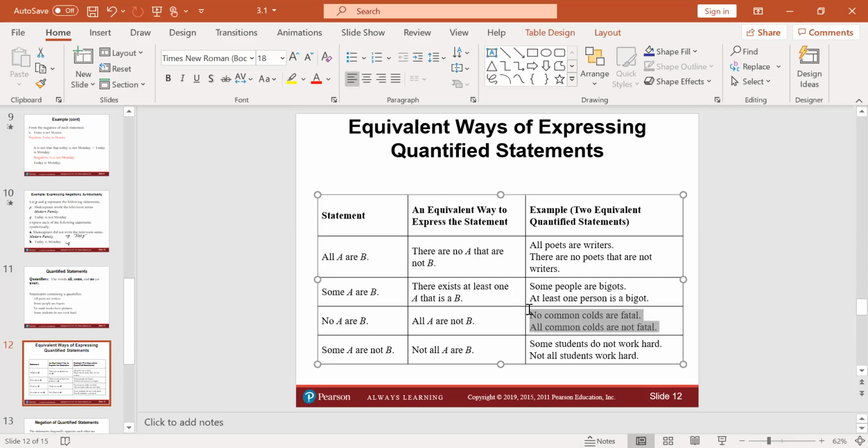No common colds are fatal. I would argue that's not true, but assuming it's true, that's the same as saying of all the things in the common cold set, not a single one of them belongs in the set of things which are fatal. So "no common colds are fatal" is equivalent to saying all common colds are not fatal.